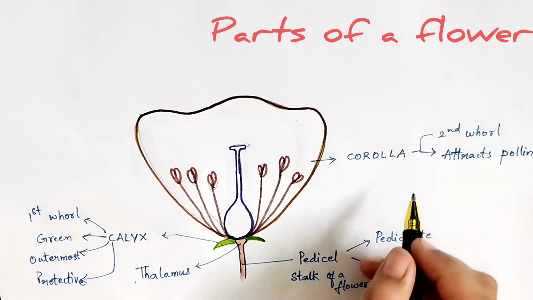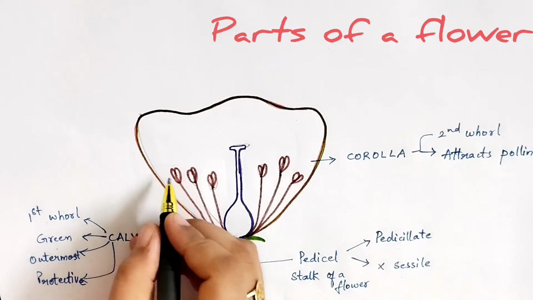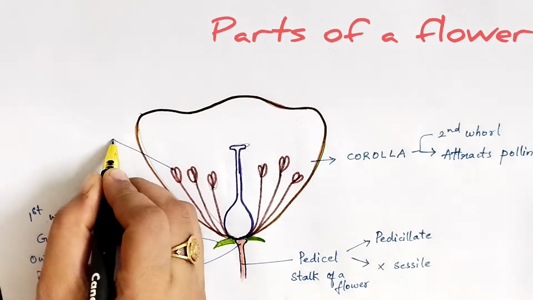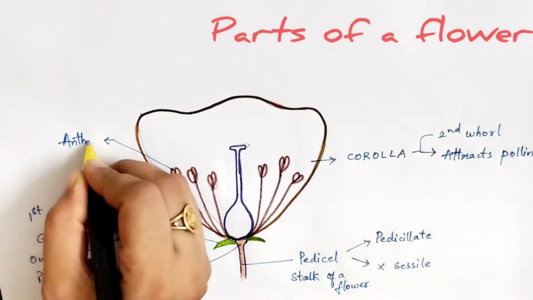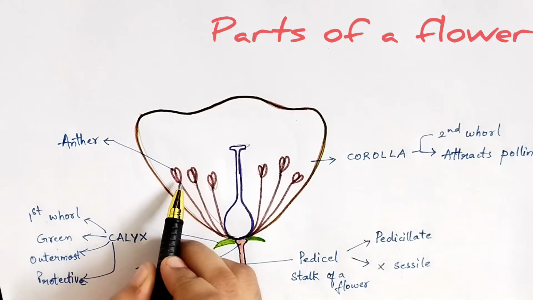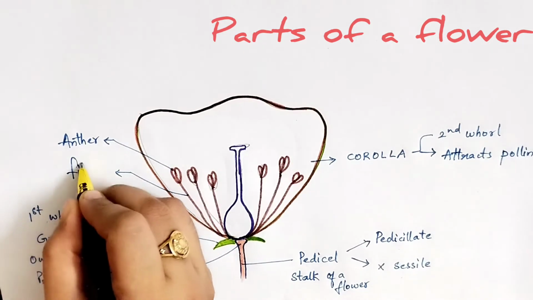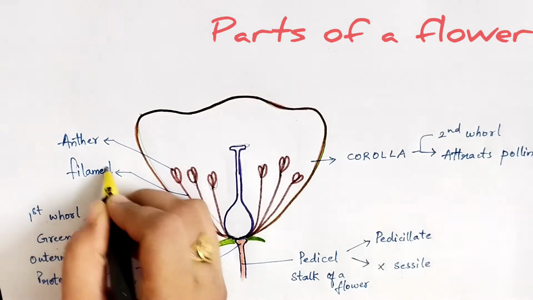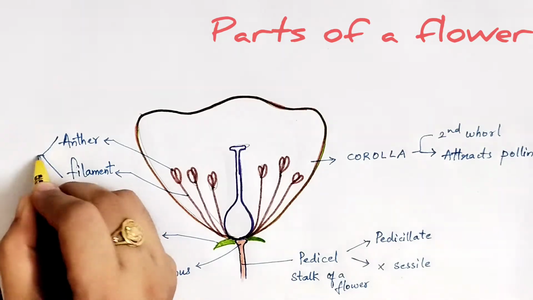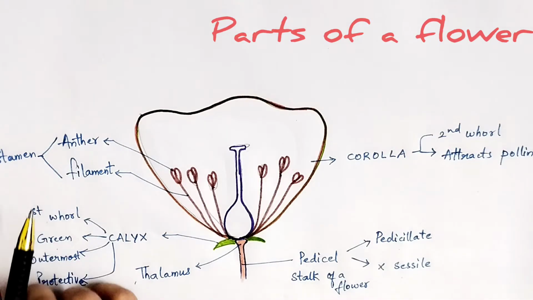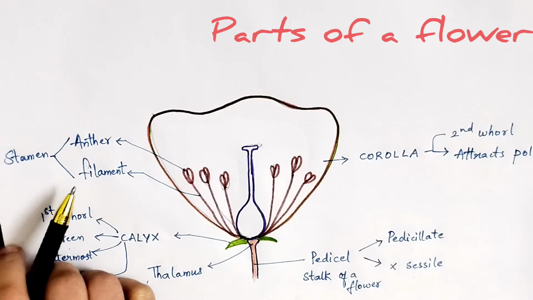When we talk about the third whorl, before going to that, let me explain the parts. This part is called the anther. The down part of that is called the filament, and together we call it the stamen, which is the unit of androecium.